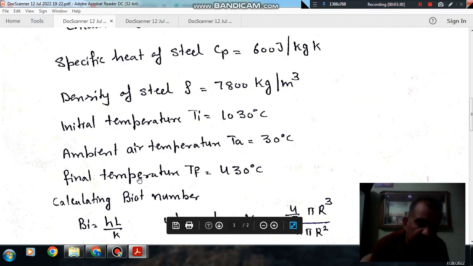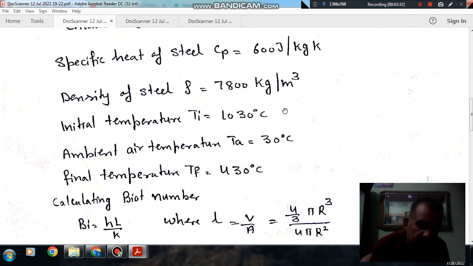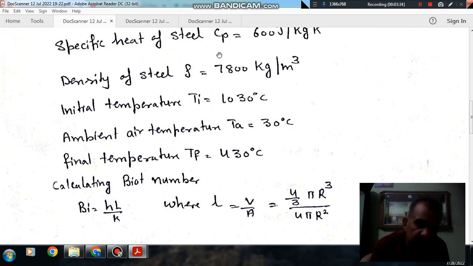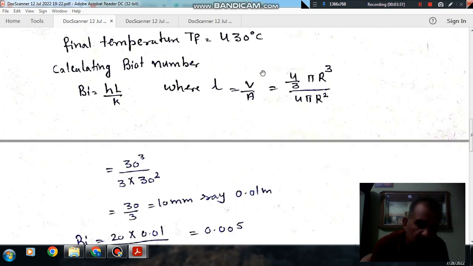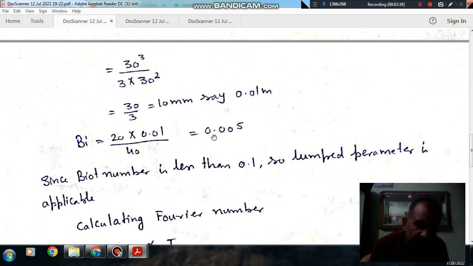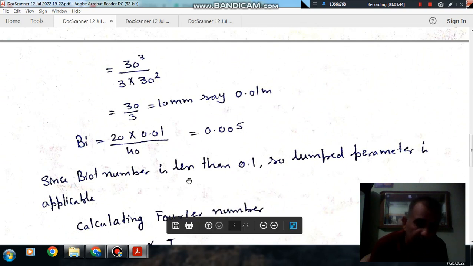The convective heat transfer coefficient is given as 20, and the conductivity of the steel ball is given as 40. So the Biot number comes out as 0.005, which is less than 0.1, so we can apply the lumped parameter method.